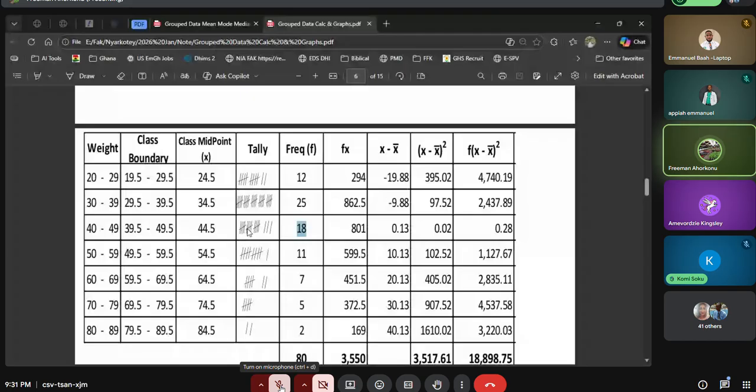The next one has only 5, so you put 5 there. The next one has only 2, so you put 2 there. Then you add everything under frequency and you have 80, which means all the numbers here are 80. So when you sum your frequency, you should get 80.